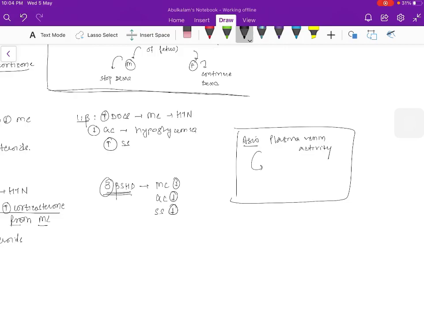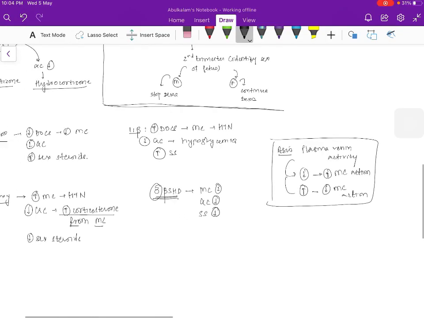I said 11 beta, increased DOCS, 17 hydroxy, upper line is increased, right? So in those cases, plasma renin activity will decrease if there's an increased mineralocorticoid action, and the reverse will happen. If there's decreased mineralocorticoid action, plasma renin activity will increase, right?